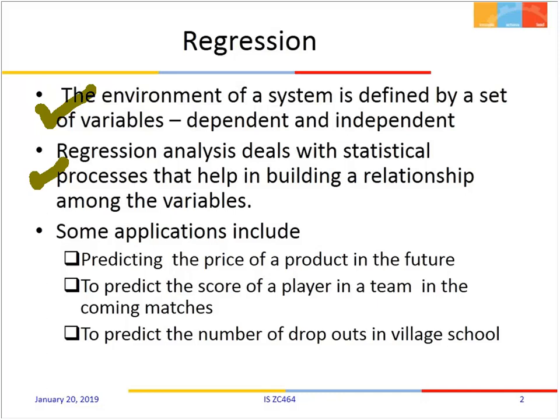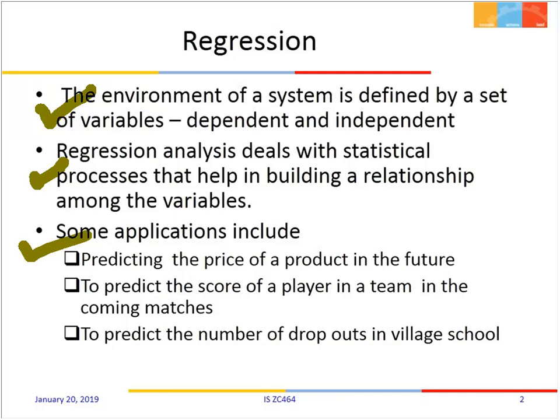So some applications of regression include predicting the price of a product in the future, to predict the score of a player in a team in the coming matches, to predict the number of dropouts in the village school, and every such prediction is possible on the basis of the observations over the period of time.